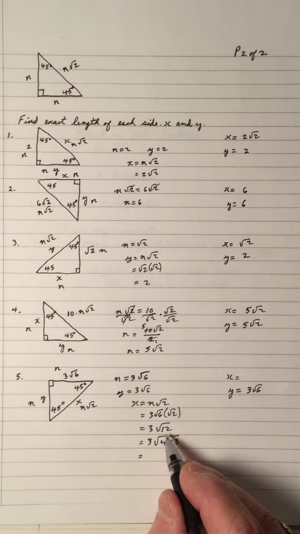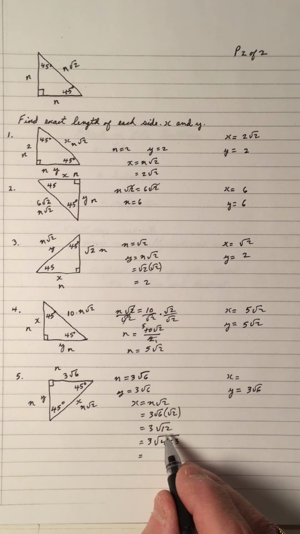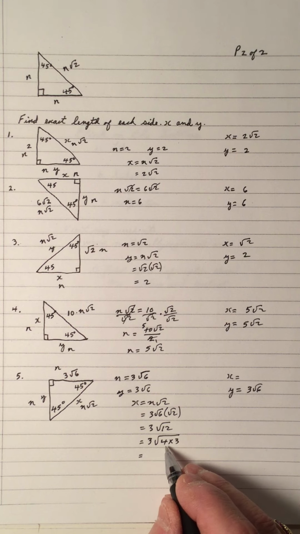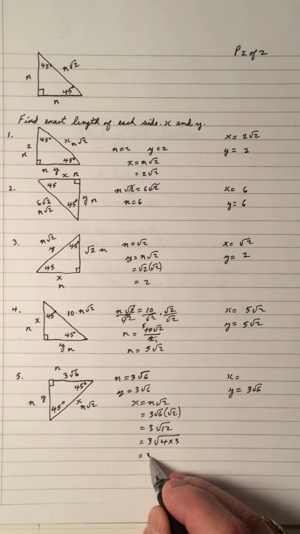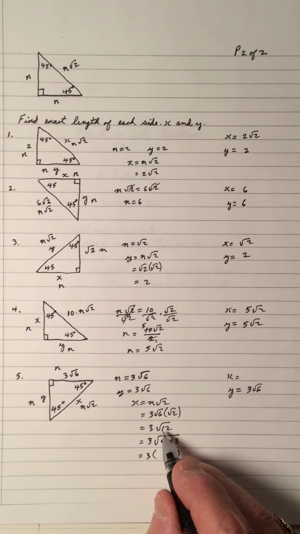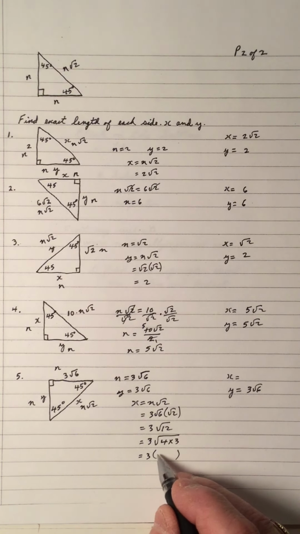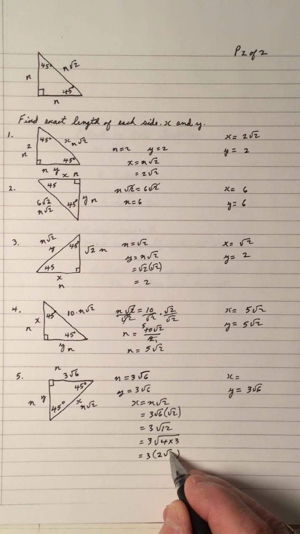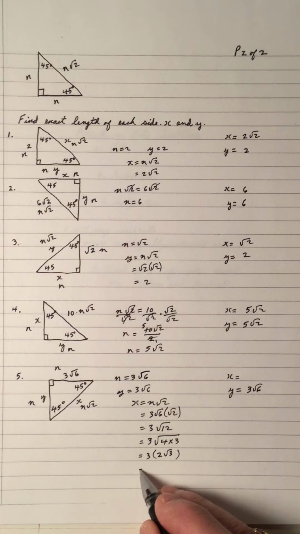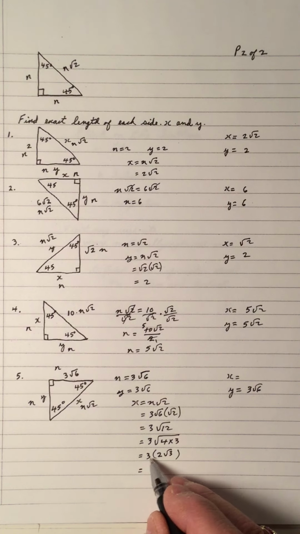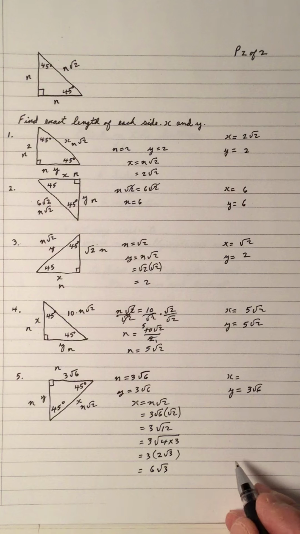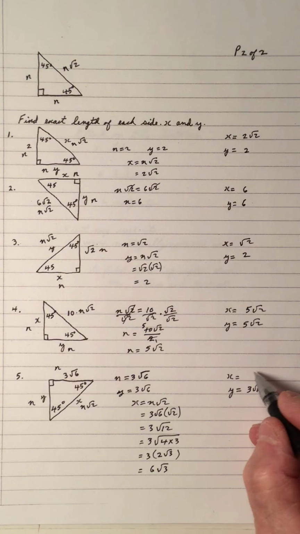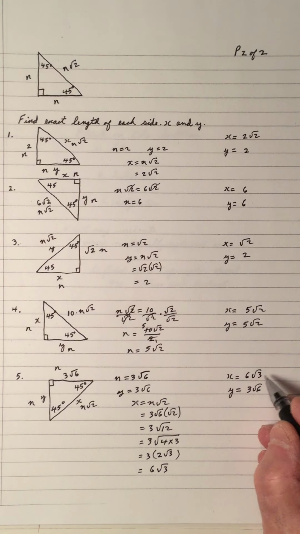Remember, when you simplify 12 underneath a radical, you want one of the factors to be a perfect square. So 4 times 3, 4 is a perfect square. That means the root of 12 is 2 root 3. Square root of 4 is 2. You can't do the square root of 3. You multiply your numbers. 3 times 2 is 6 root 3. So x is 6 root 3.